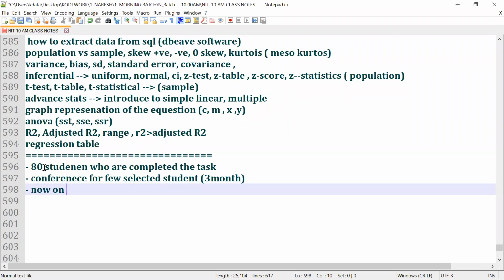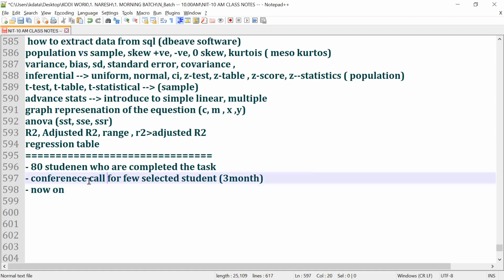I want to do a conference call for a few students who complete their tasks on time, and I'll give you a lot of references, and I'll give them a resume immediately. You flunk or not, you pass or fail, I don't care, but just go and sit over there. Try to speak with them, make notes on what they get, and try to catch up on the work.